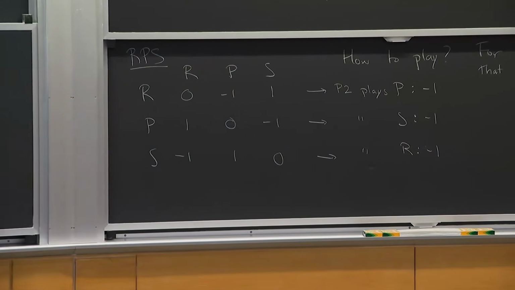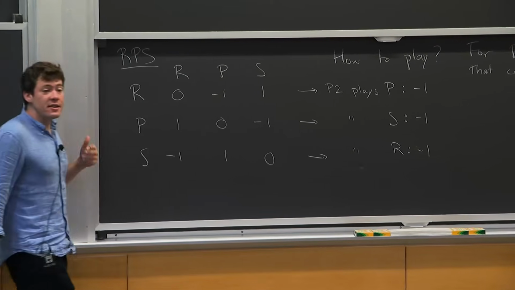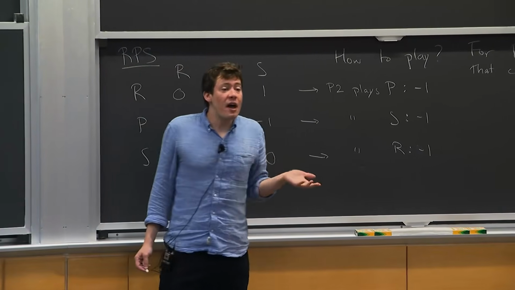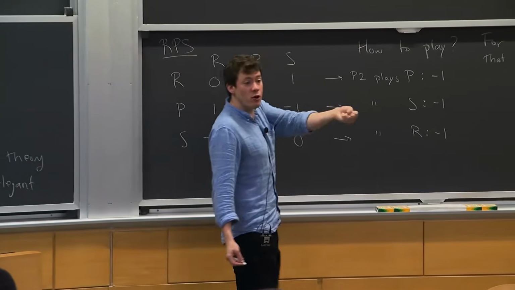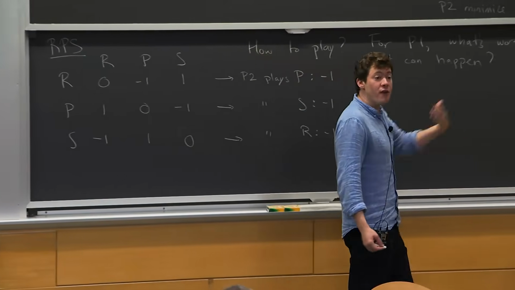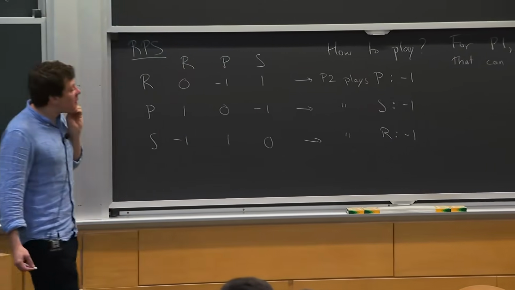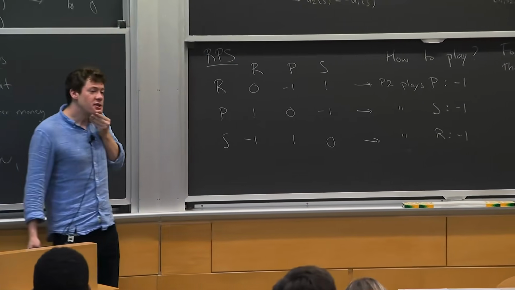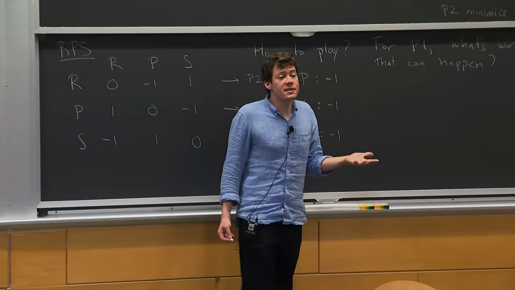So if I'm worried about the worst thing that can happen, and I only look at these pure strategies, it looks pretty dire. Whatever move I make, the worst thing that can happen is the other player plays the one move that beats me, I lose, and therefore I get a payoff of -1. But what if I instead play a mixed strategy? Is there any mixed strategy that I could play that would ensure that even in the worst case, I do pretty well?